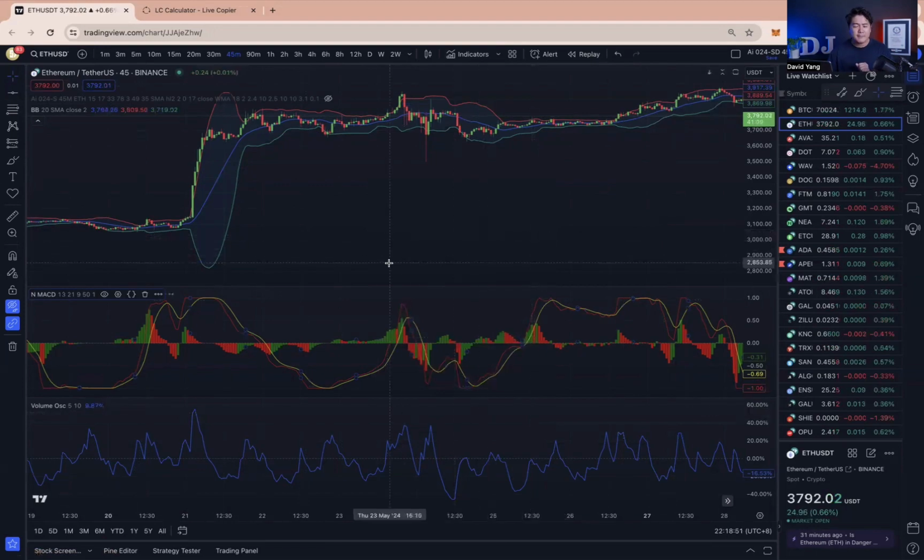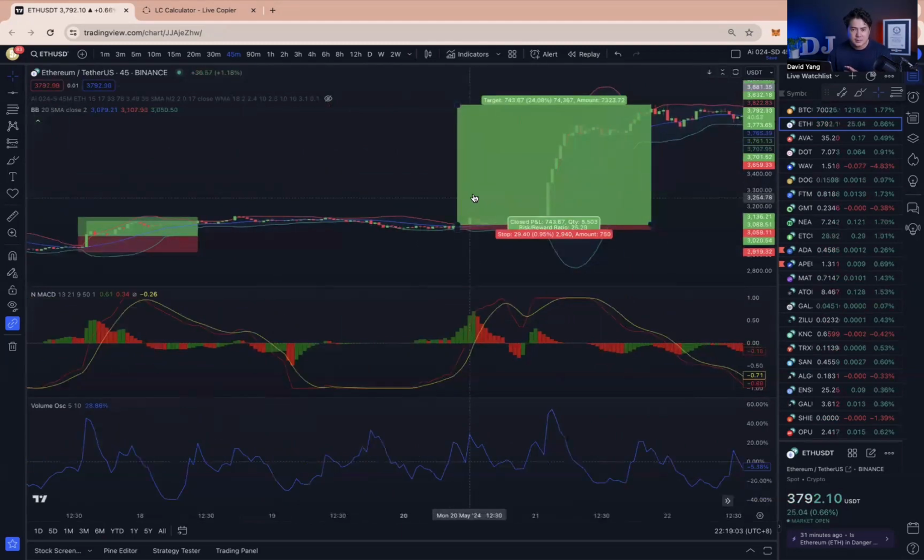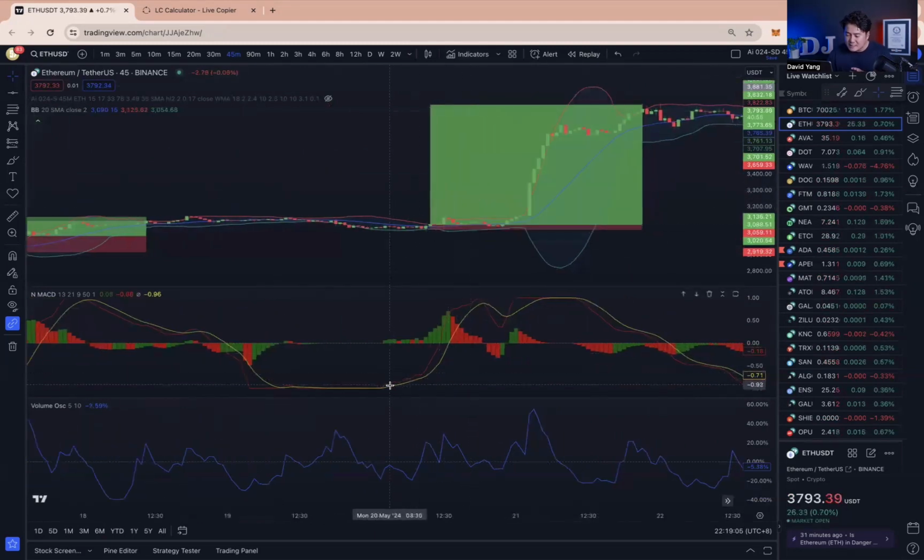And how am I going to use this strategy? What are the conditions? You need to look at the normalized MACD first. As long as the red line shoots above the yellow line, and it is below the zero axis here, it tells you that it is going to go up.